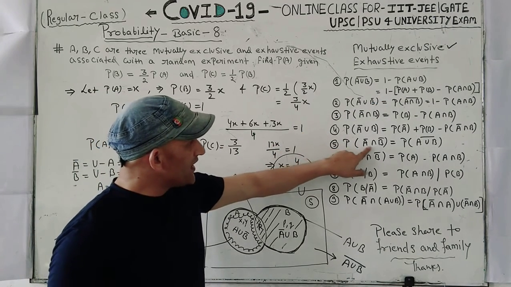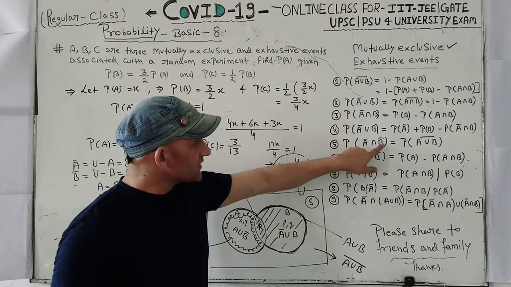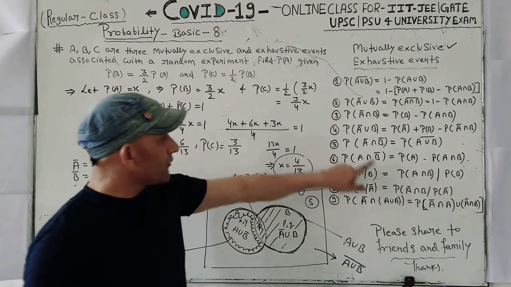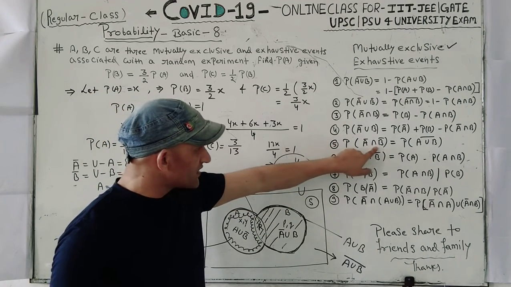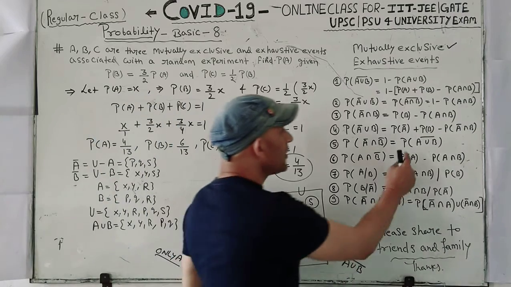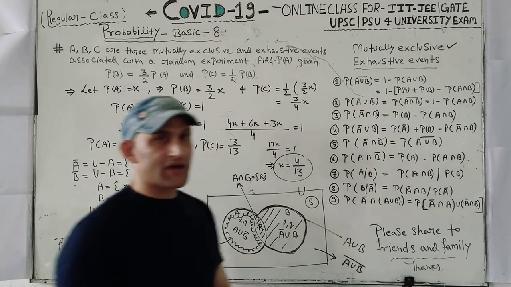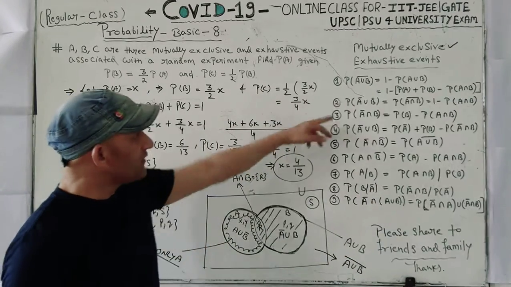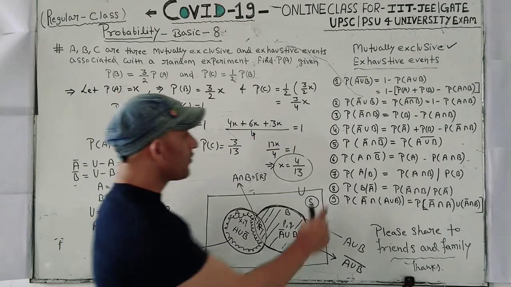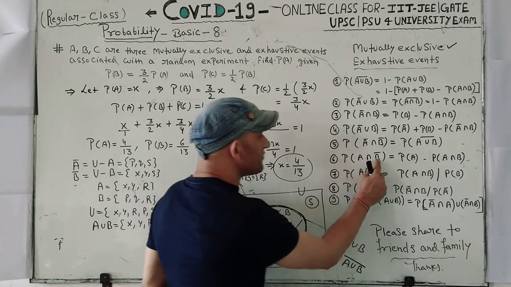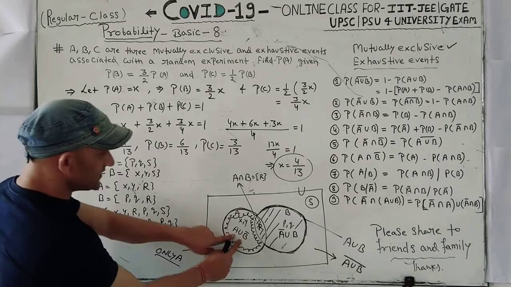Now probability of A dash intersection B dash. Dash means complement. Probability of A complement intersection B complement is equal to probability of A union B complement. That is the De Morgan formula. Already we have discussed here. Now probability of A intersection B complement, that is this.